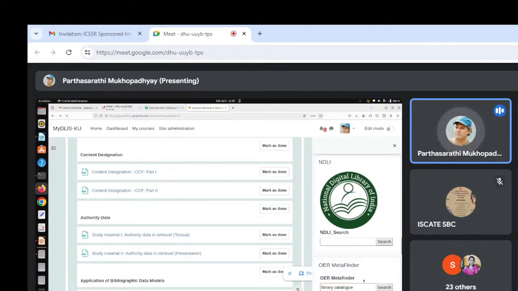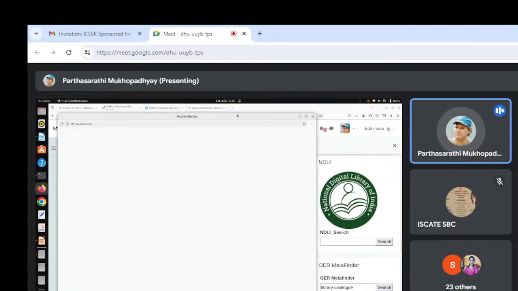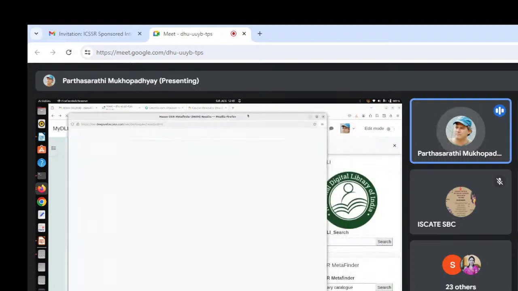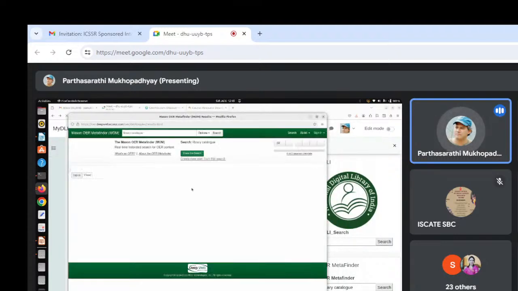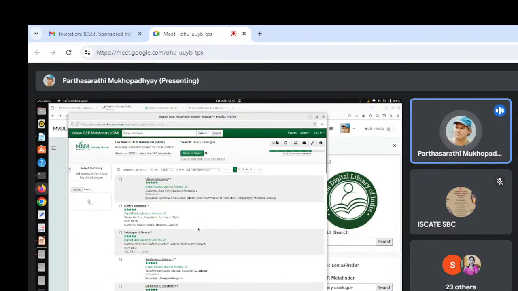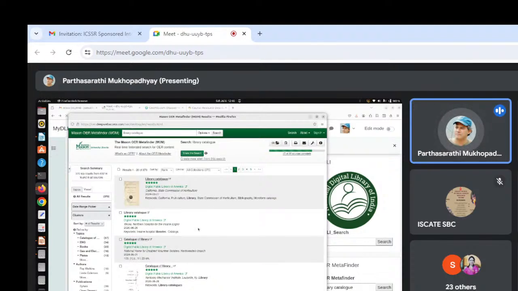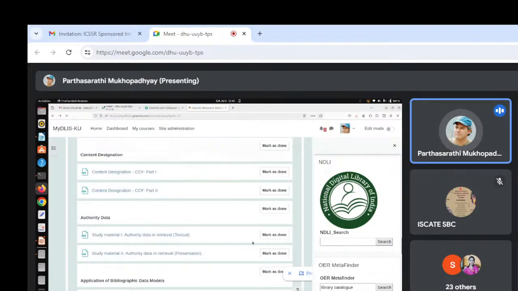It is actually a meta tool for indexing different OERs, and they can click. They are not leaving their window. Here they will get the OERs available on library cataloging from different sources. So you can add your library system here. You can add all your subscribed resources, library OPAC and other things inside the system. That is called LTI, Learning Tools Interoperability.